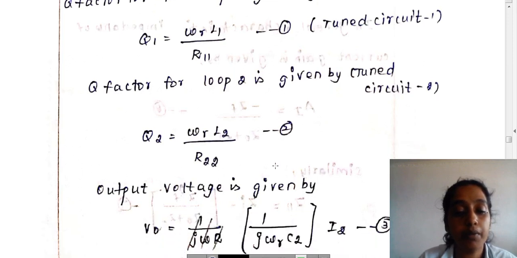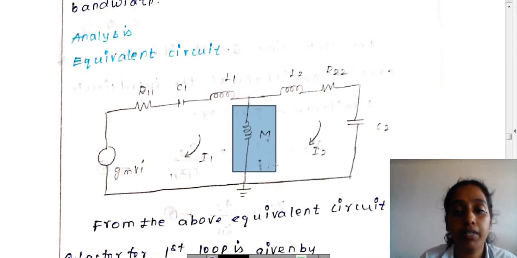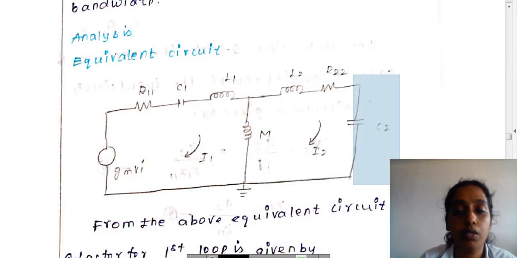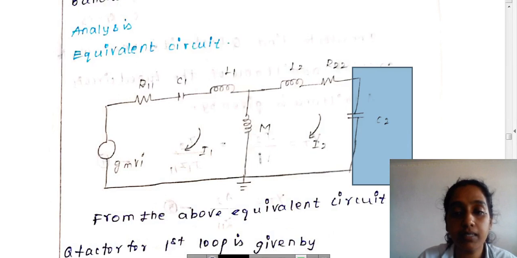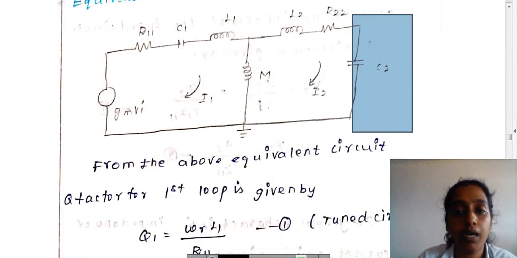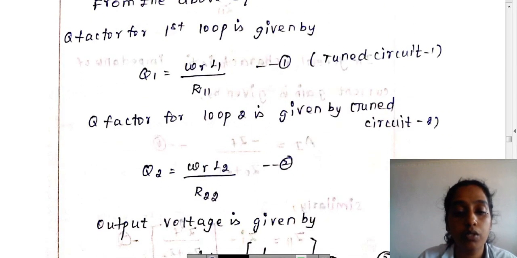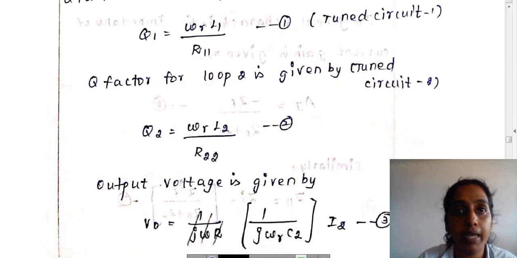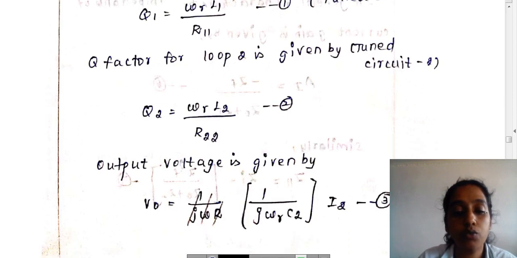The output voltage is given by, so here we need to take the output voltage. We have a capacitance here, C2. How do we write the capacitance? 1 by j omega C2. So V0 is 1 by j omega C2 into I2, the current in the second loop.